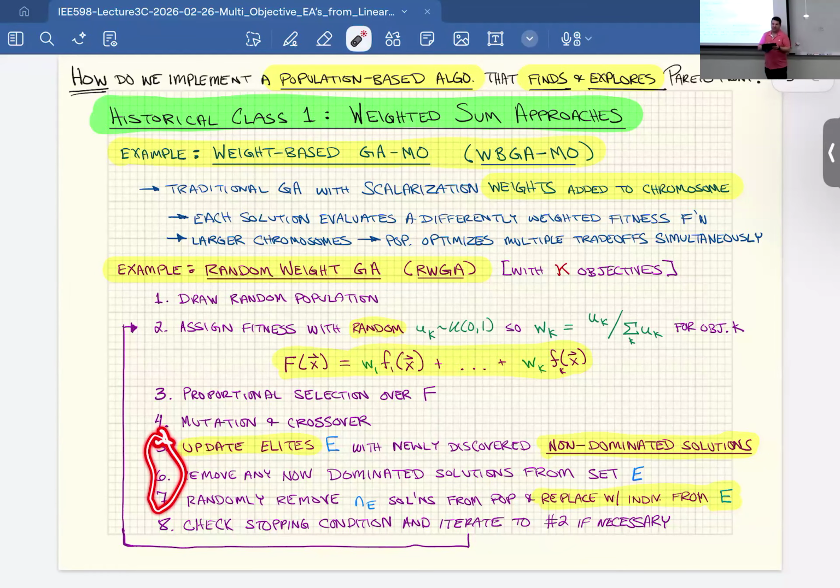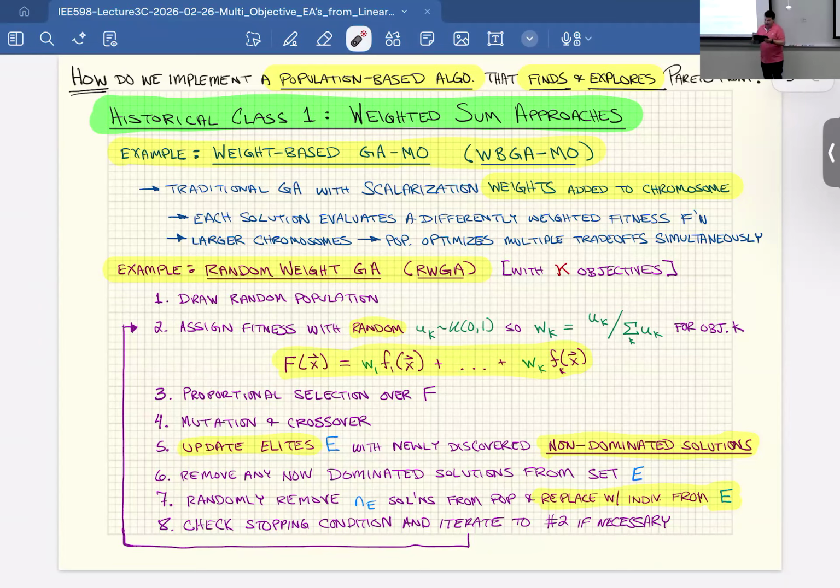These three lines are a multi-objective version of elitism. With a single objective, we just had a couple slots in the population, and we just made sure that those slots always had our top fitness individuals. But now we don't have a notion of top fitness. Oh, we do have a notion of non-dominance.